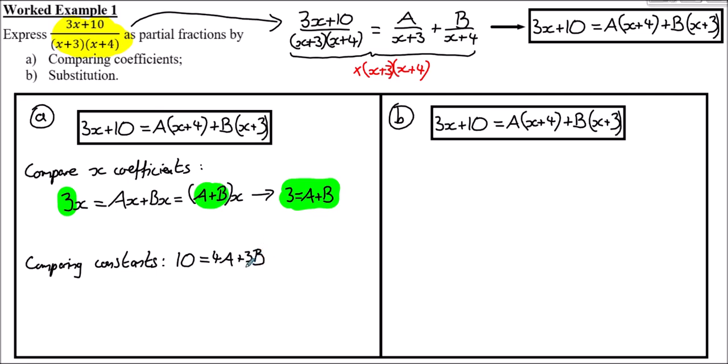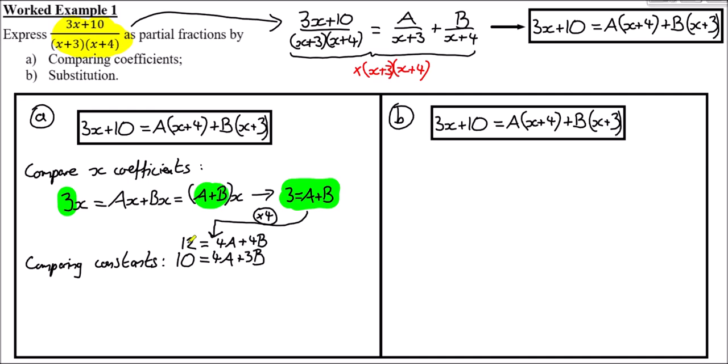What you should spot now is, essentially, I have two equations. I've got two simultaneous equations, so what I can do is solve these. If I've got 3 = A + B, I multiply the whole thing by 4 on both sides, and then we arrive at 12 = 4A + 4B.